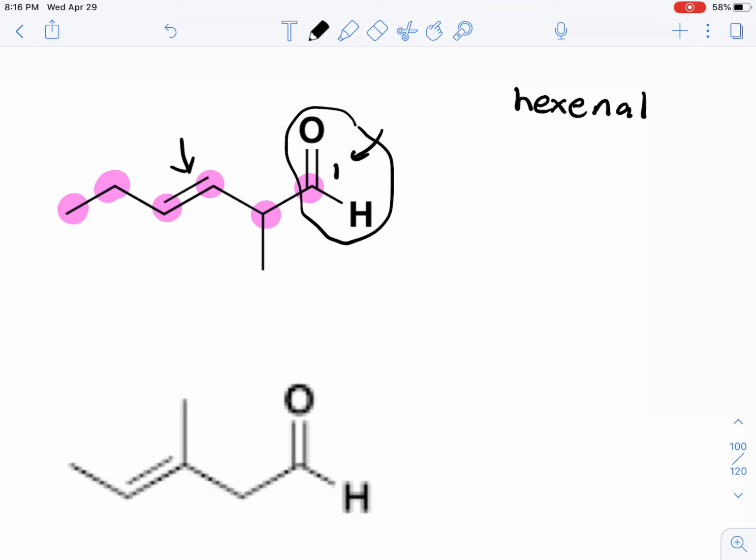And once again, I'm going to omit putting carbon number 1 into my final answer, just because I know that my aldehydes are always going to be on the terminal ends, and therefore the carbonyl carbon is always going to be carbon number 1. So that tells me the numbering system that I have to follow for this organic compound.